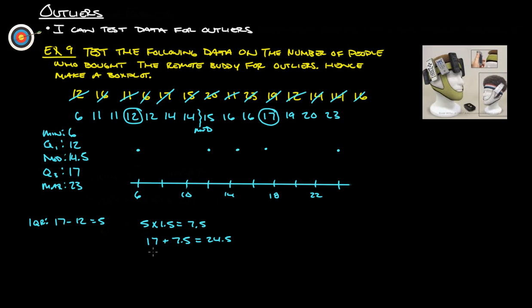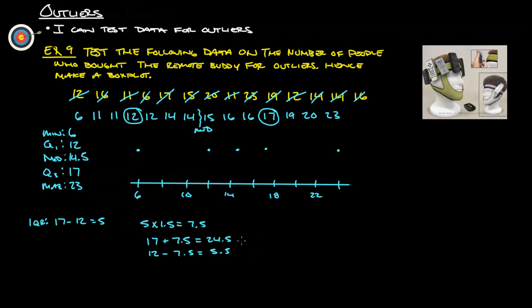And then for the lower outliers, we start with the lower quartile, 12, and subtract 7.5. That gives us 12 minus 7.5 is 5.5, right? Okay, so anything above 24 and a half would be considered an outlier, and our max is 23, so that one's okay.